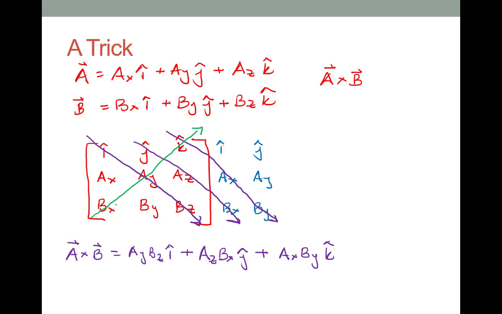So here I have AY BX K hat, so minus AY BX K hat. The next one is AZ BY I hat, and again with this minus sign, minus AZ BY I hat. And then the last one is AX BZ J hat.